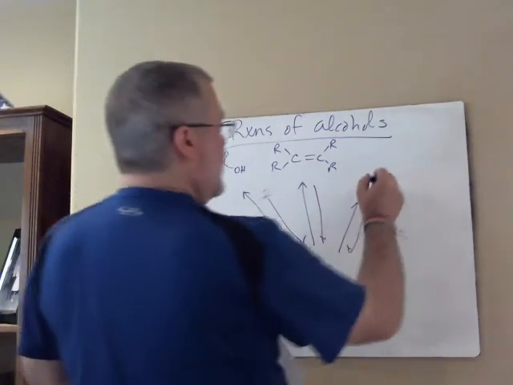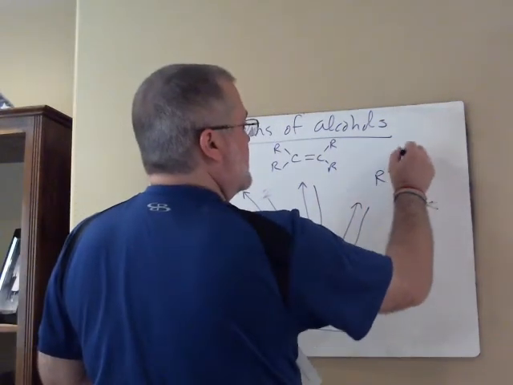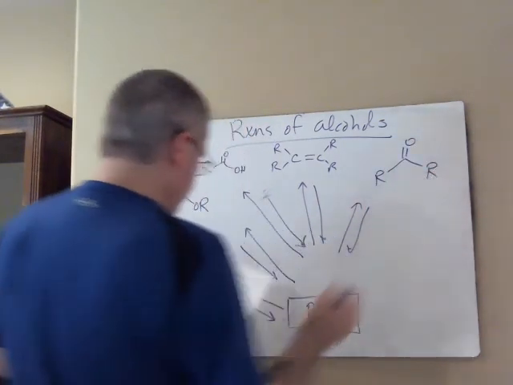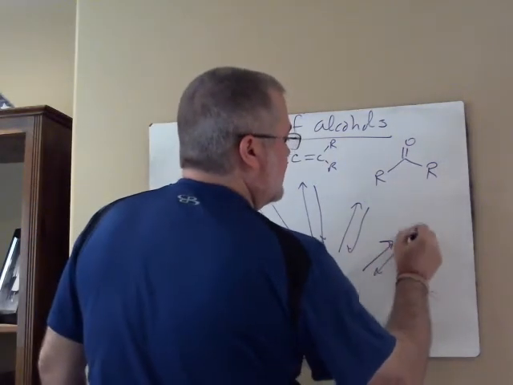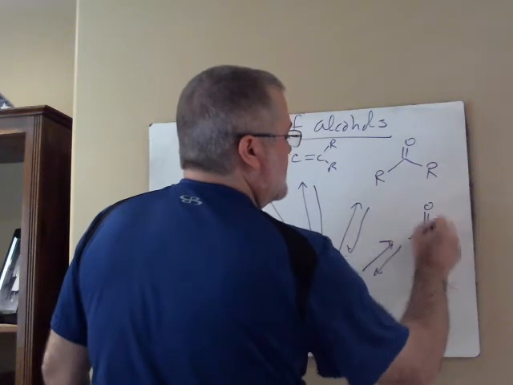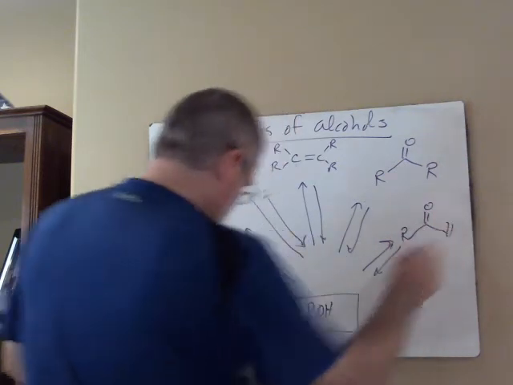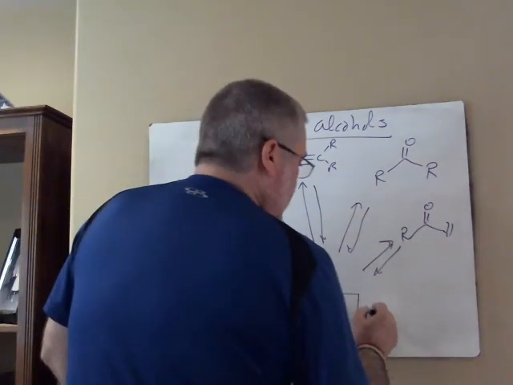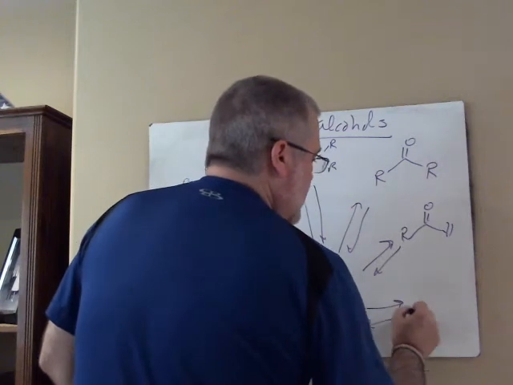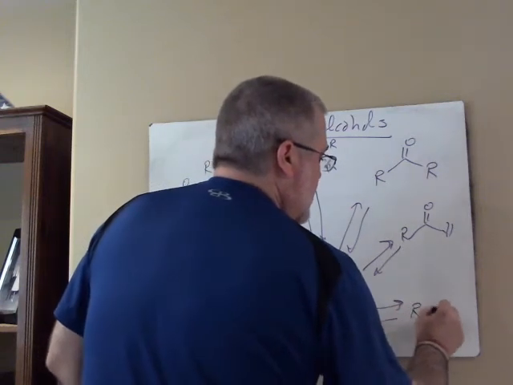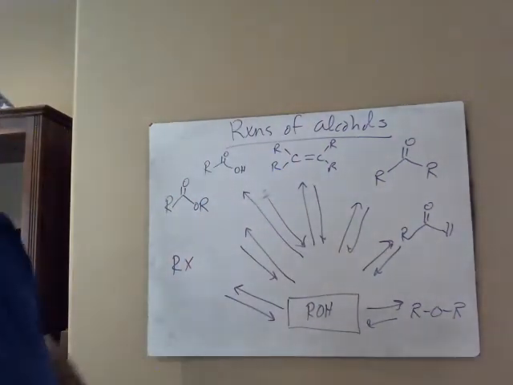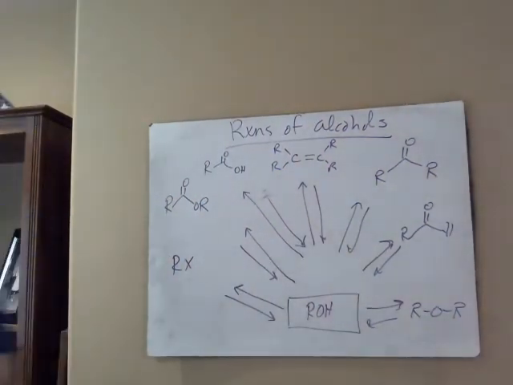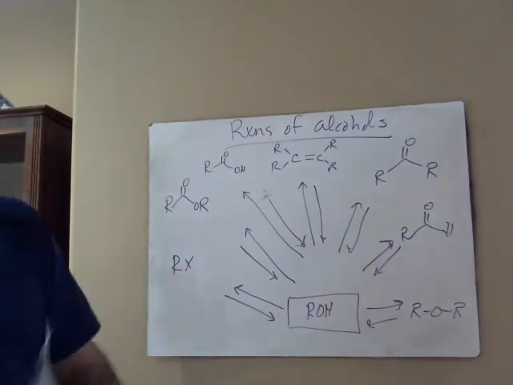We can also make ketones. We can also make aldehydes. And we can also make ethers. A lot of different things we can make from alcohols. And we're going to talk about every one of those. All right.